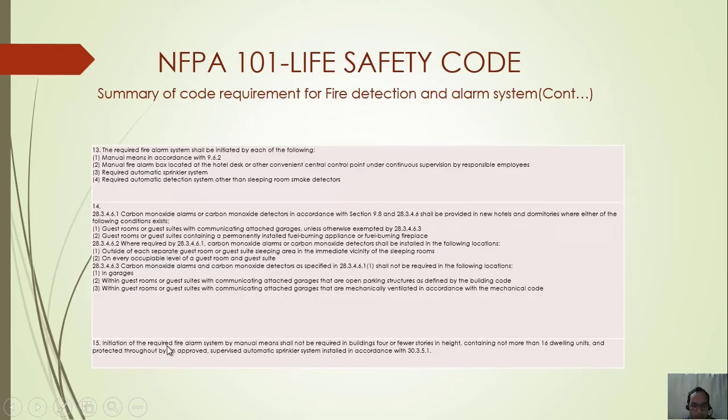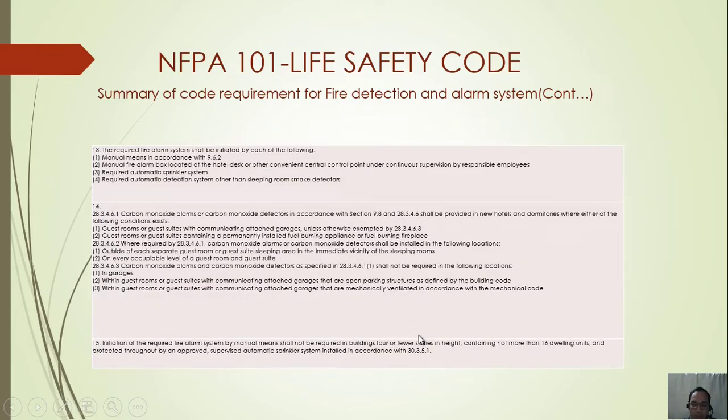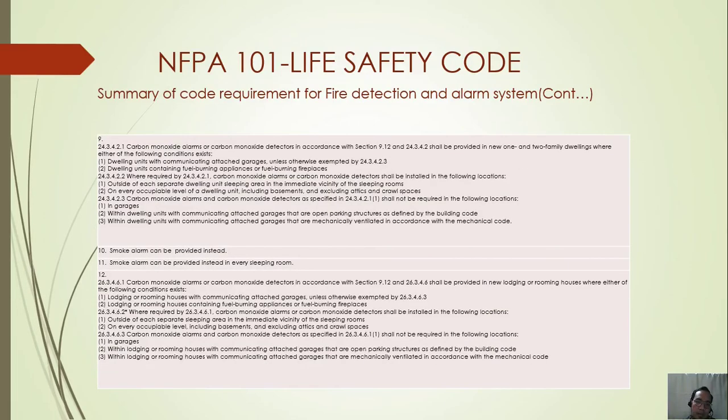It says that the initiation of required fire alarm system by manual means shall not be required in buildings of 4 or fewer stories in height containing not more than 16 dwelling units and protected throughout by sprinkler. So these are the exemptions, no? Where you can omit the manual pull station. When you have sprinkler protected throughout, and your building is 4 or fewer stories, containing not more than 16 dwelling units, then we can omit the pull station requirement in apartment buildings.